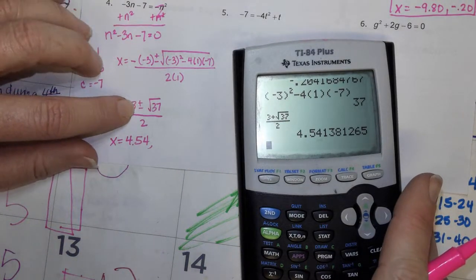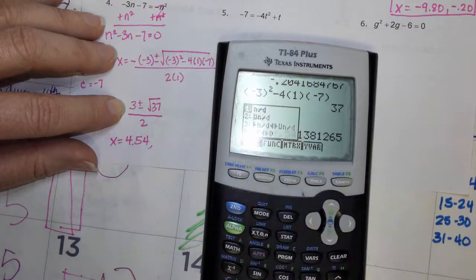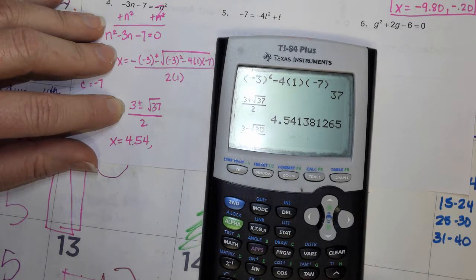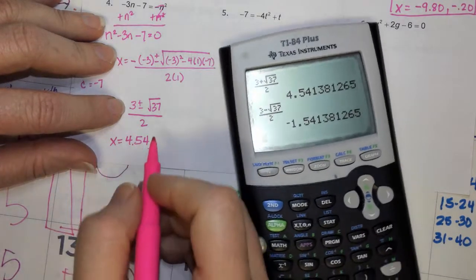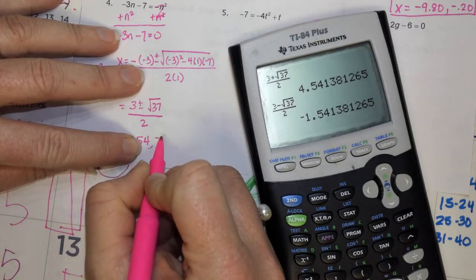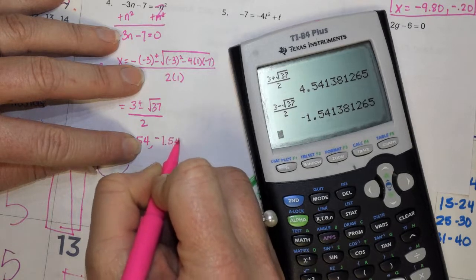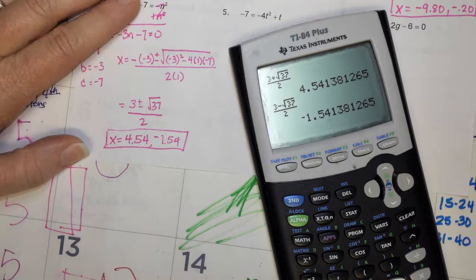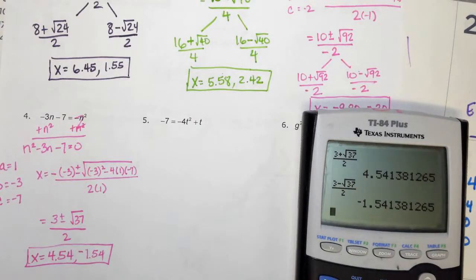And now I'm going to do the subtraction one. So 3 minus the square root of 37, all divided by 2. So my other solution would be negative 1.54. Okay. All right, so now number 5.